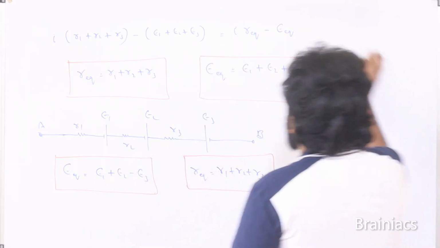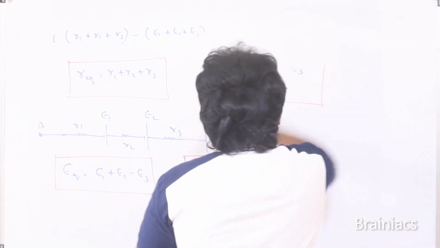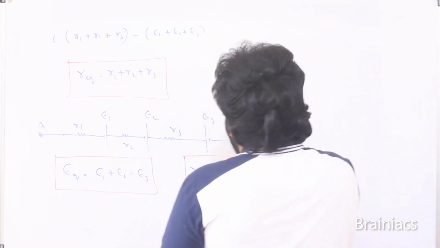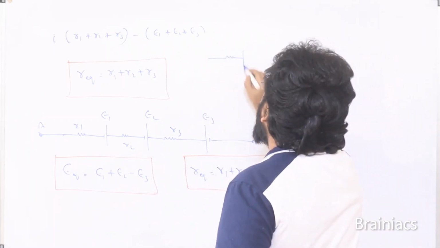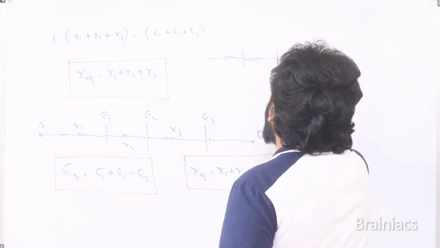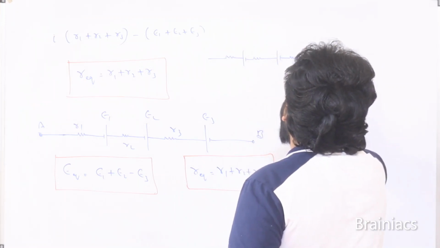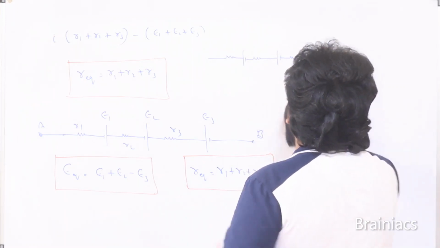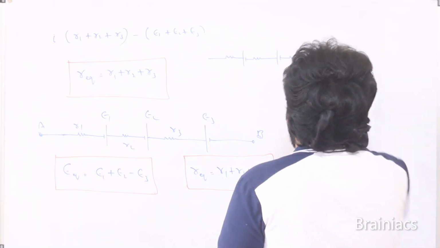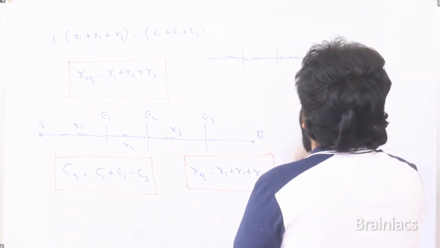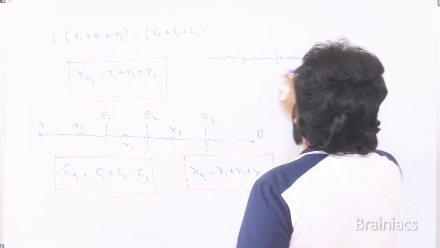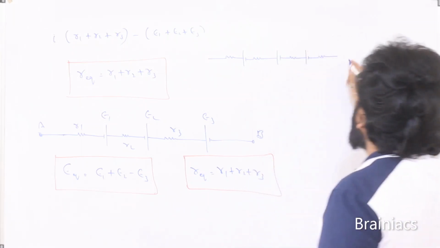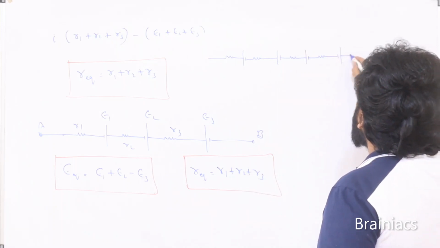Just see. 5 cells are there, I am taking the same example. 1, 2, 3 are in the same polarity. Now this is reversed.